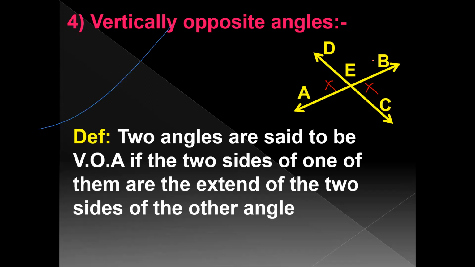If we have two straight lines intersect, so each vertically opposite angles are equal in measure. The two vertically opposite angles are DEA and BEC. These two angles will be equal in measure. And also angle DEB, this angle and this angle, vertically opposite angles are also equal in measure.